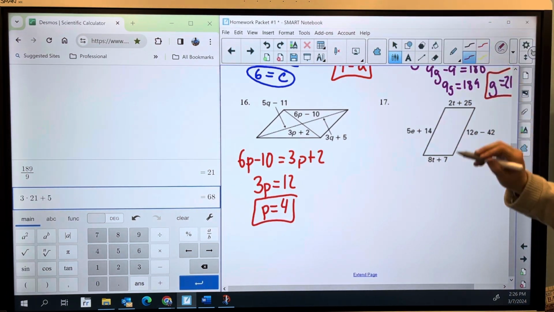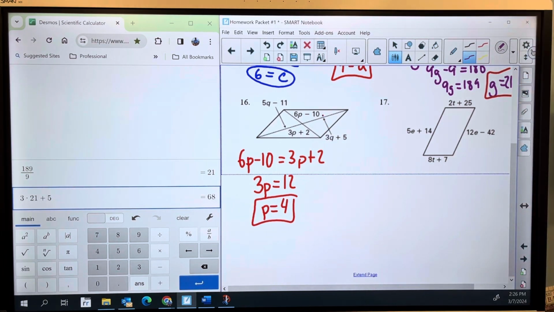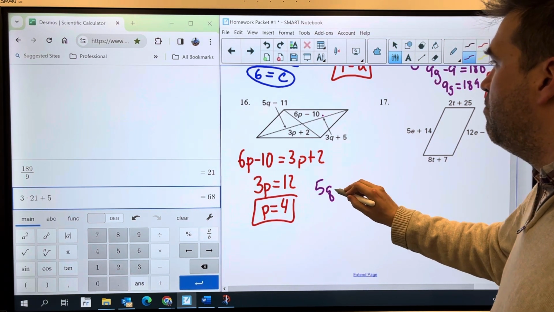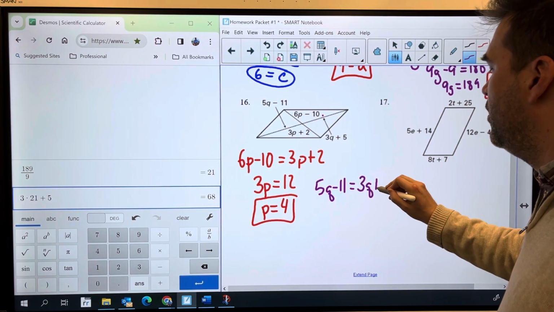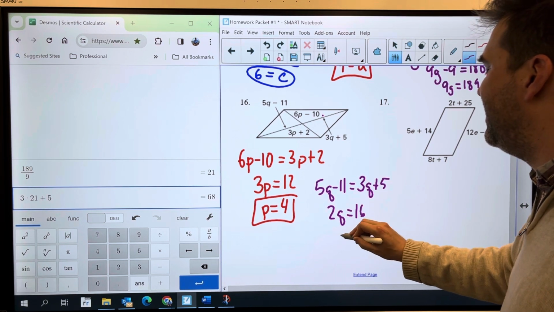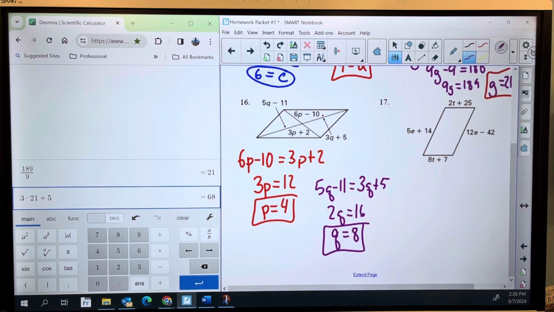Algebra. And furthermore, these two parts of the diagonal, since diagonals bisect each other, I know that 5q minus 11 is equal to 3q plus 5. So 2q is equal to 16, or q is equal to 8. All right, so we got 4 and 8.